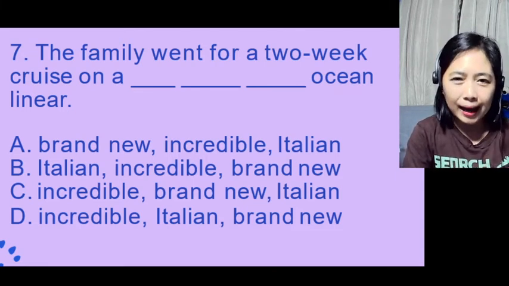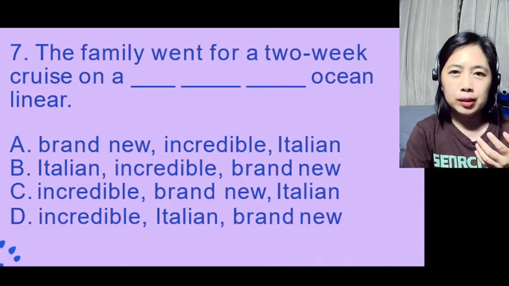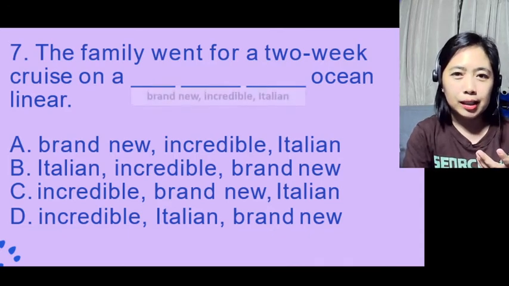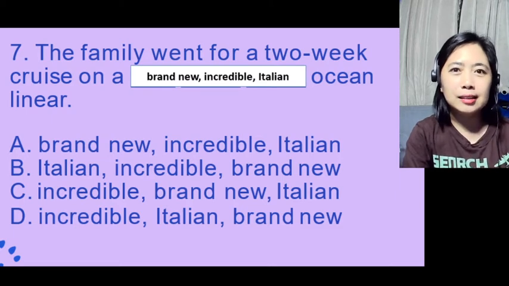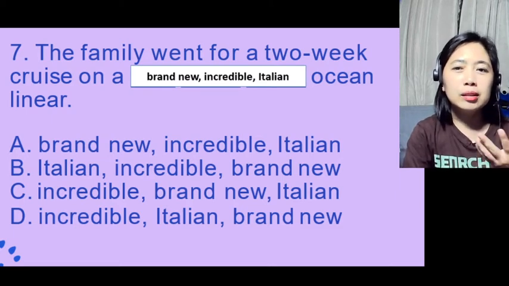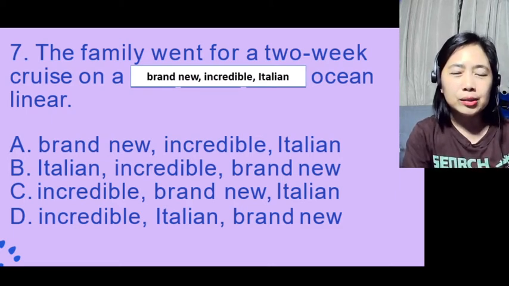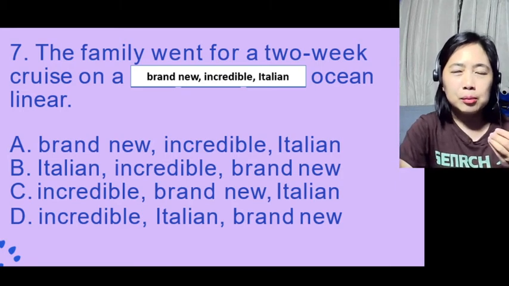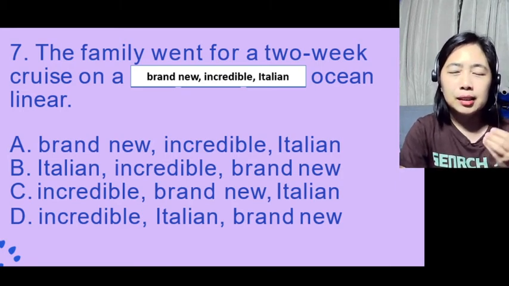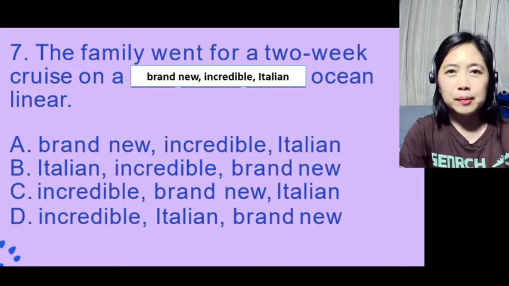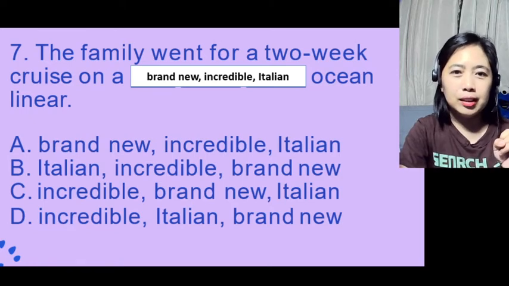To add for your information, the correct answer there is brand new incredible Italian. It's about how we order our adjectives. We start with the number, the quantity. Here there is no quantity.